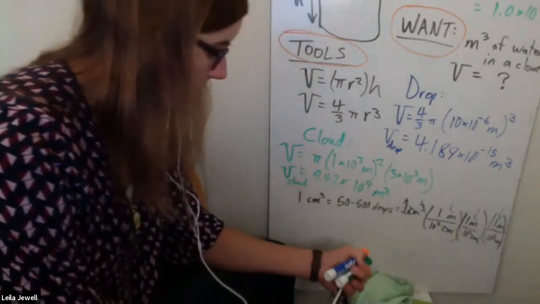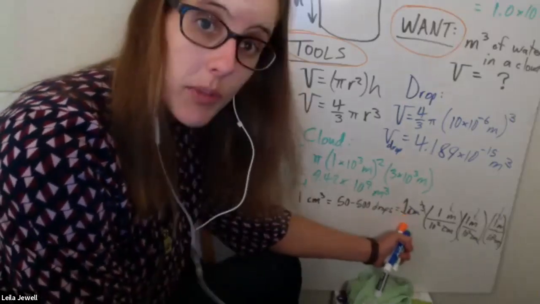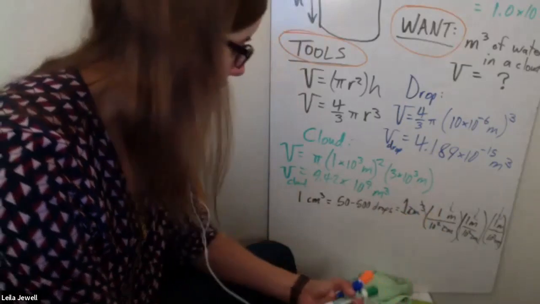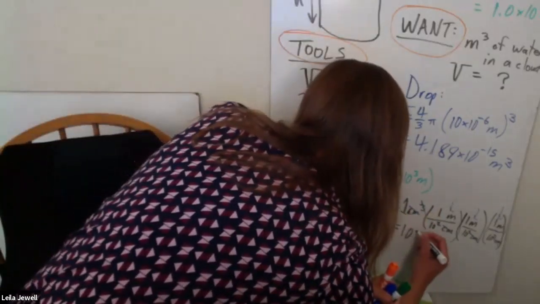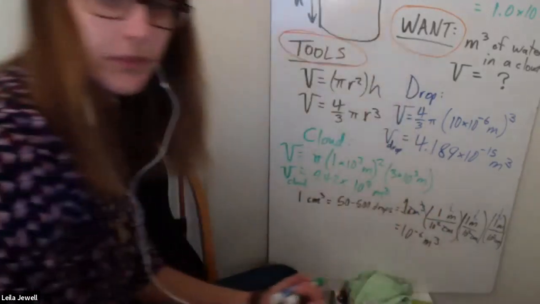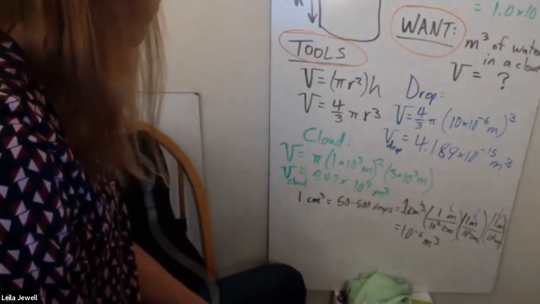What does this mean? Well, it means that 50 to 500 drops is equal to 1 cubic centimeter, or 10 to the minus 6 cubic meters.